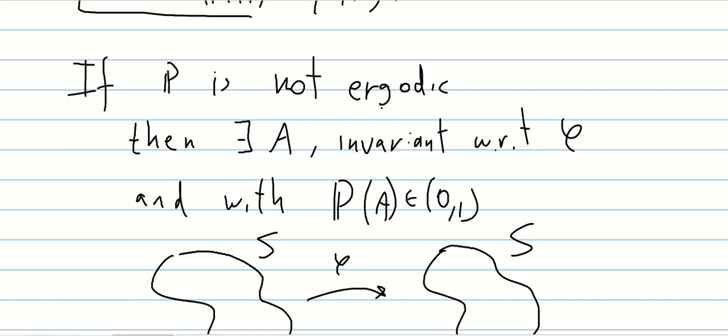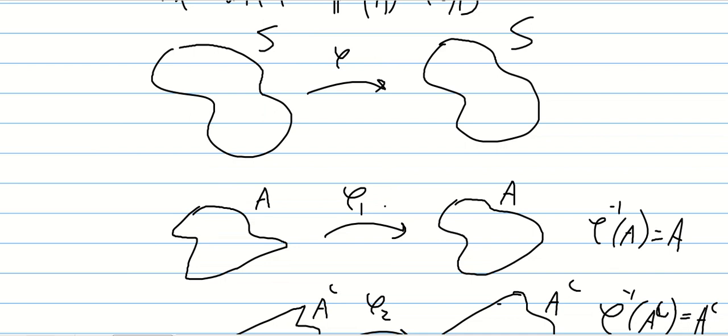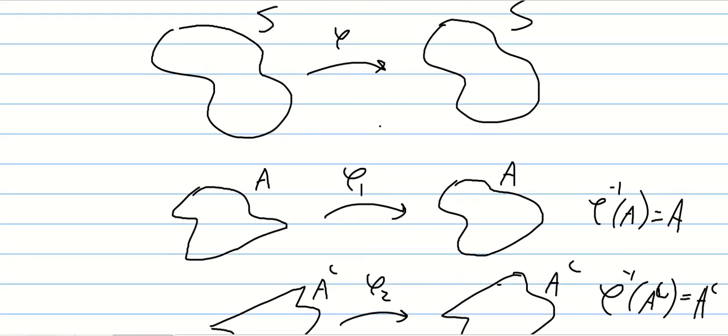So let's give an analogy in geometry. You can usually suppose in your geometry theorems that a manifold is connected, because if it's not connected, you can decompose it into connected components, and you can study each connected component separately.